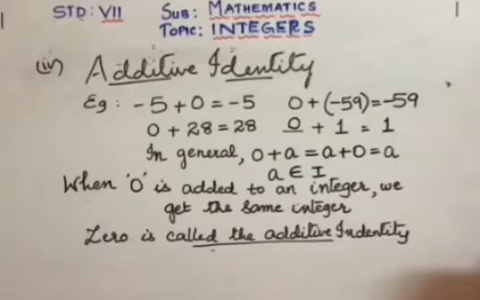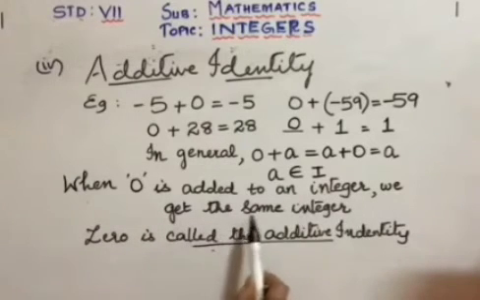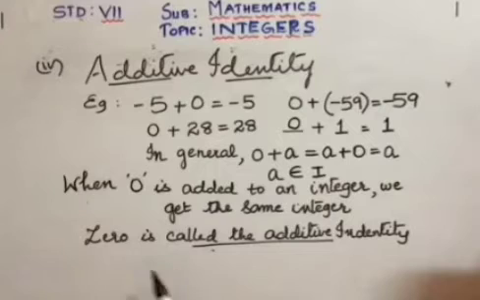Why is it called additive identity? Yes, please. When 0 is added to any integer, you get back the same integer. So 0 is called the additive identity, or 0 is called identity element of integers. Is that clear, children? Make a note, please.